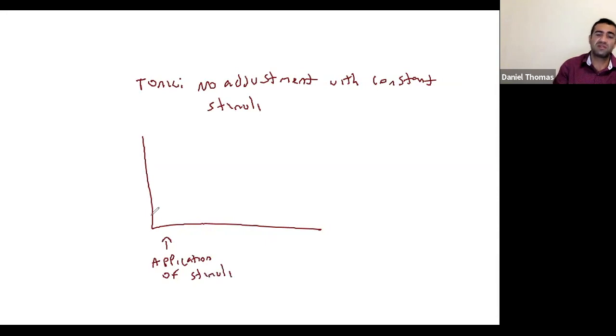It's going to go like this. Now notice how the sensory neuron is never going to get used to the stimuli and reduce the amount of impulses. The impulses are going to stay the same. So it is going to be constant impulses.